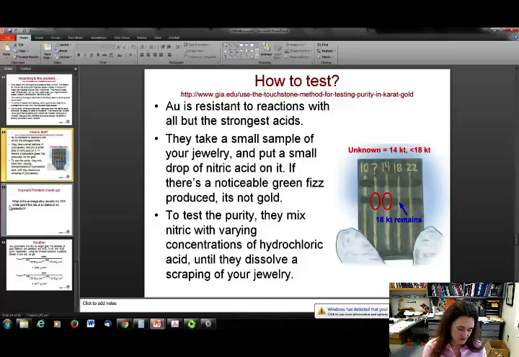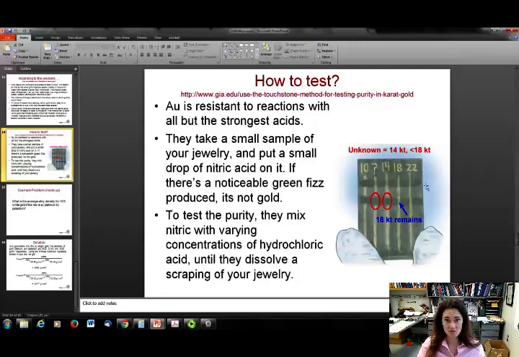With the different strengths of acid, what they do is they vary the strength of the acid going left to right with the rubbing, and then when the metal rubbing completely goes away, depending upon the strength of the acid, that'll tell them what the carat rating of the metal is. So that's pictured here in this little graphic. They took a rubbing of the different metals, they rubbed the acid across the top, and that told them what the rating of the gold was. So that's kind of fun.